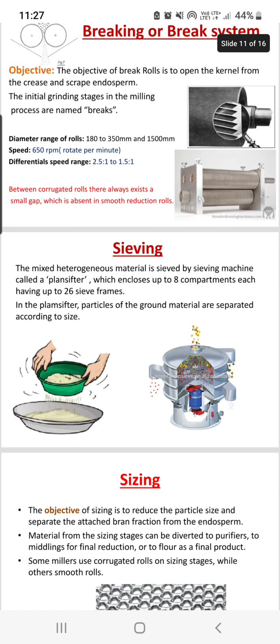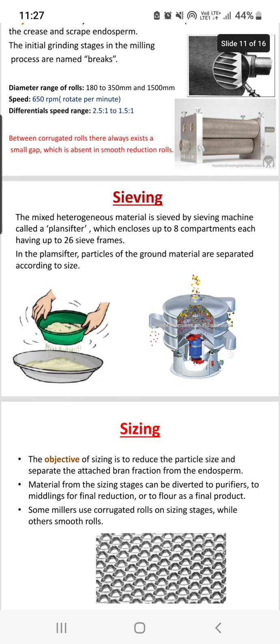Then next is sieving. Sieving is basically process by which we can separate the particles according to their size. The mixed heterogeneous material is sieved by sieving machine called plan sifter, which encloses up to 8 compartments, each having up to 26 sieve frames.